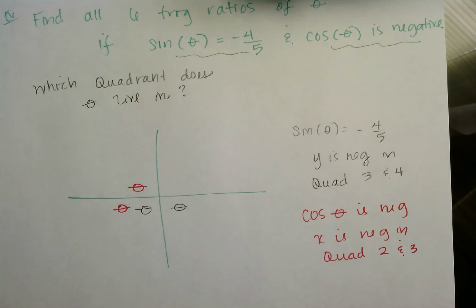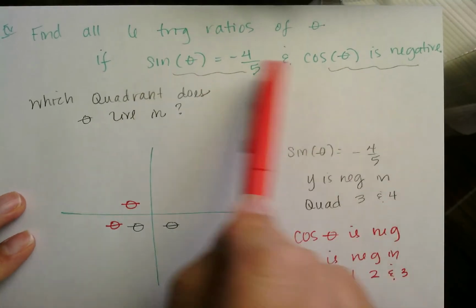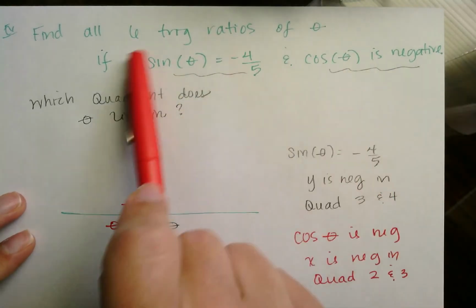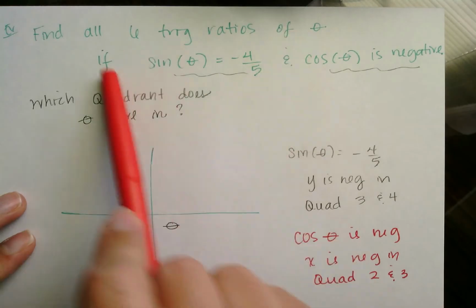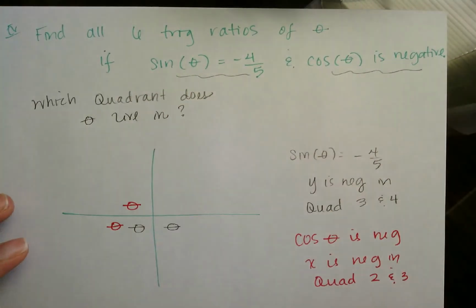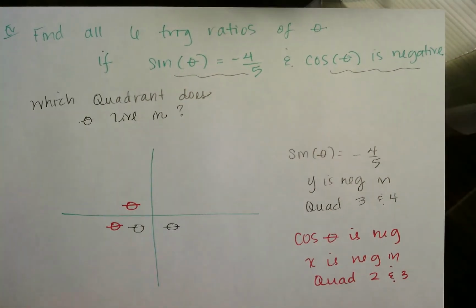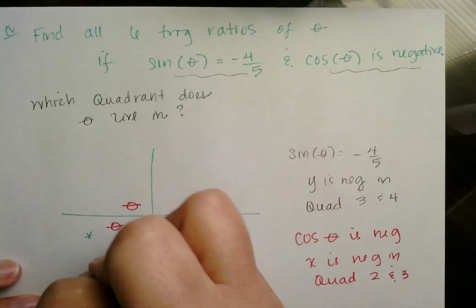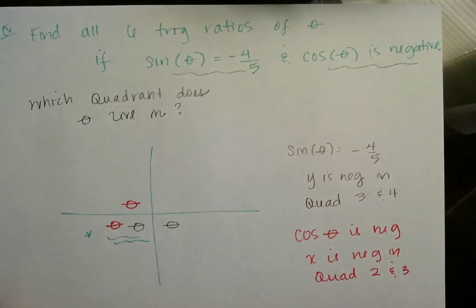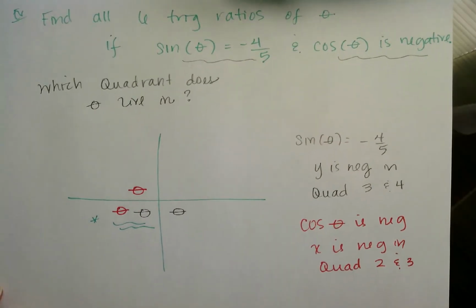Okay, so which two quadrants do they both agree at to satisfy both of these pieces of information about theta? So the only way that these two pieces of information can be true for theta is in quadrant 3. That's where they both satisfy that information. So theta has to live in 3.